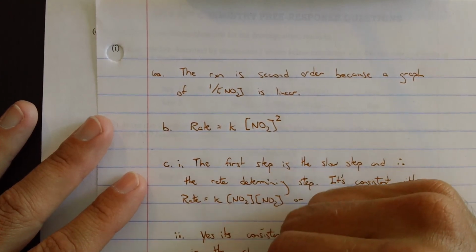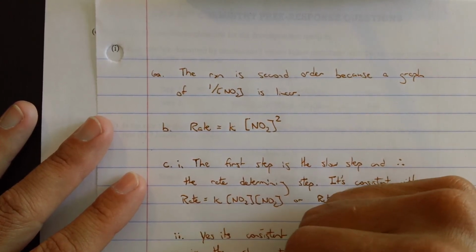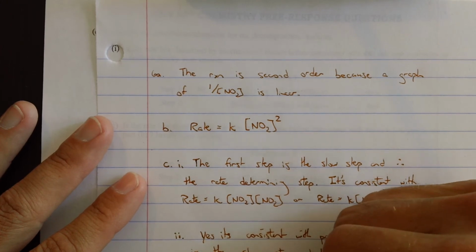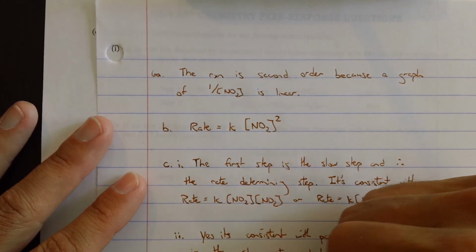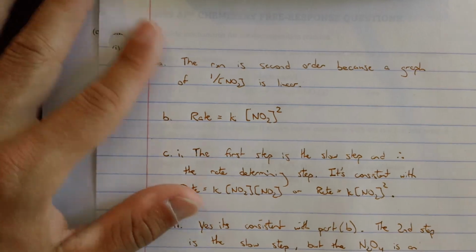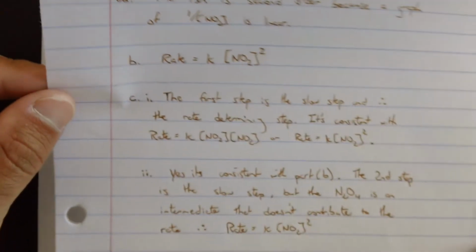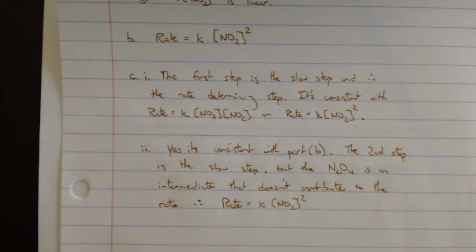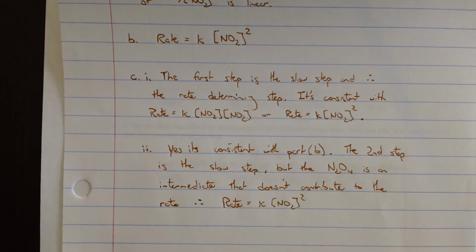And then write the rate law again. Therefore, rate equals baby k NO2 squared. Just slide up there. That's what that guy looks like. Yes, it's consistent with part B. Second step is slow step, but the N2O4 is an intermediate that doesn't contribute to the rate. Therefore, the rate equals the same thing it did before. That's it on number 6.